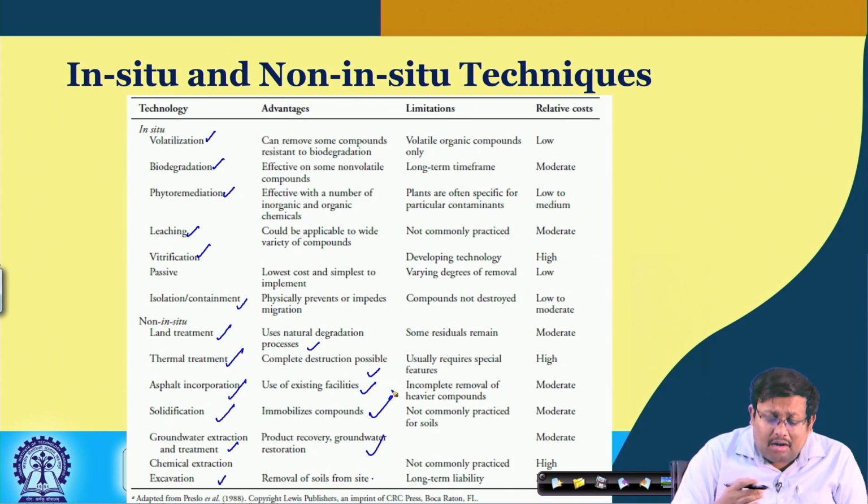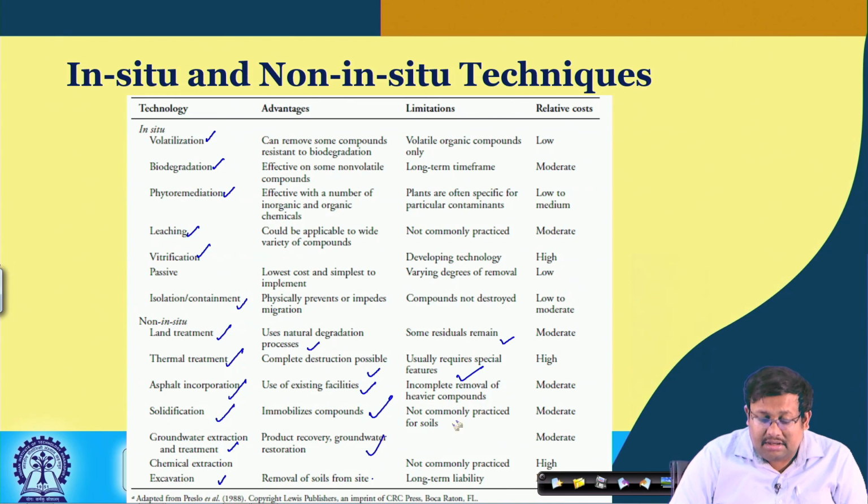So, there are also some limitations. In case of land treatment, some residuals are already there, so you cannot completely remove the contaminated soil. Thermal treatment usually requires special features, and temperature generation depends on electric energy like electric supply, which is costly.